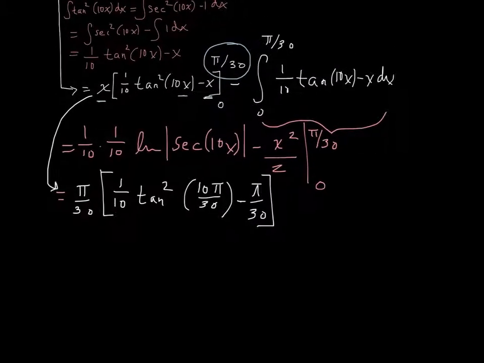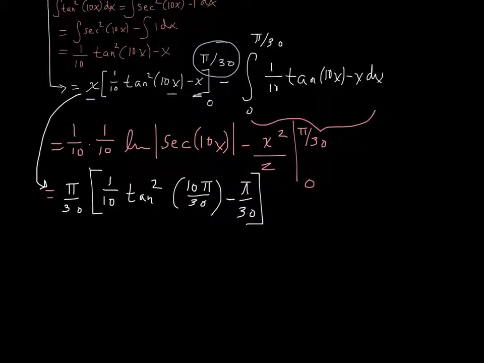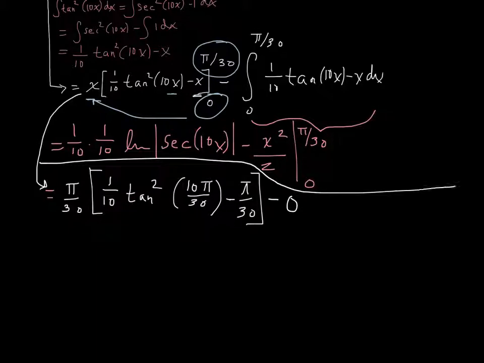And then technically you're now supposed to plug in the 0. Well, I can see when I plug in 0 that that entire piece is going to end up being 0. And now minus all this junk up here.